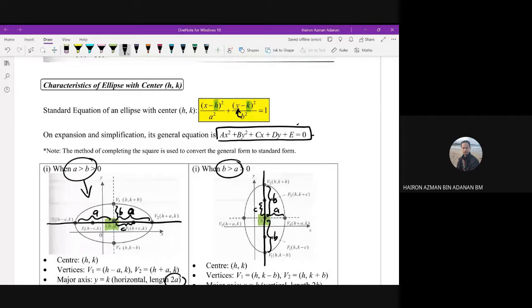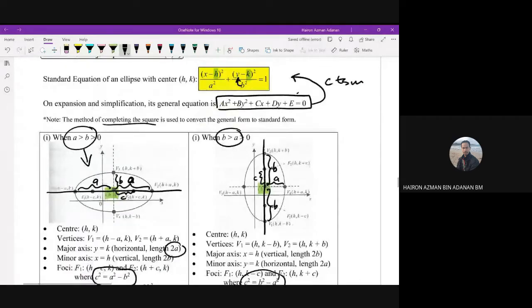What you need to do is the completing the square method. Completing the square is used to convert the general form to the standard form. If going from standard to general, just expand. If you expand the standard form, you will get the general form. From general to standard, you need to do the completing the square method.